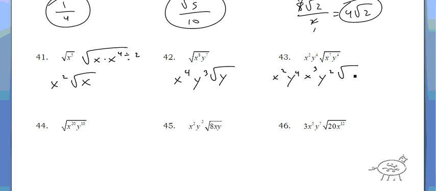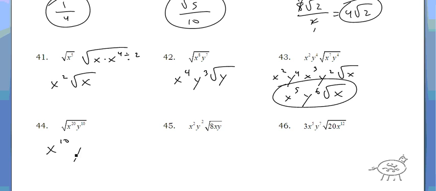And you have leftover of x, because you only add number. And then x squared x times x to the 3rd is x to the 5th. Y to the 6th, square root of x. Okay, this one's easy. 20 divided by 2 is 10. 10 divided by 2 is 5.